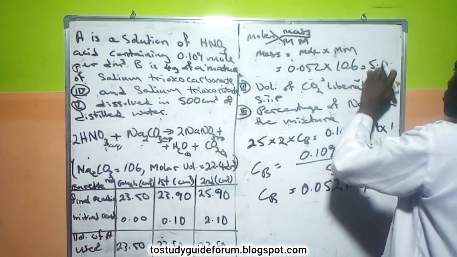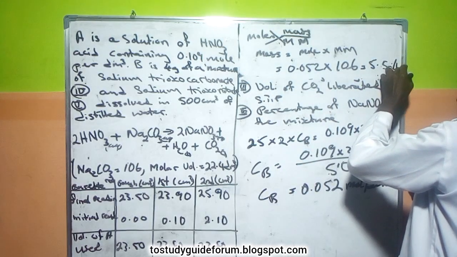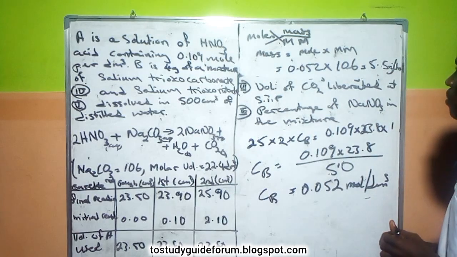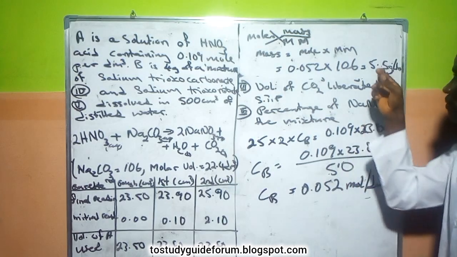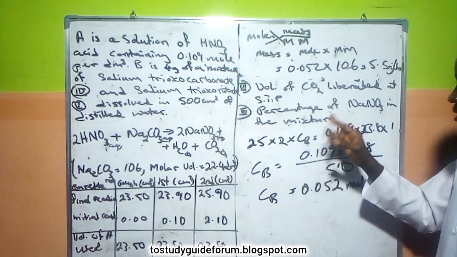You can just approximate it to 5.5 gram per dm cube. That is what we have. So we have succeeded in getting the second question.